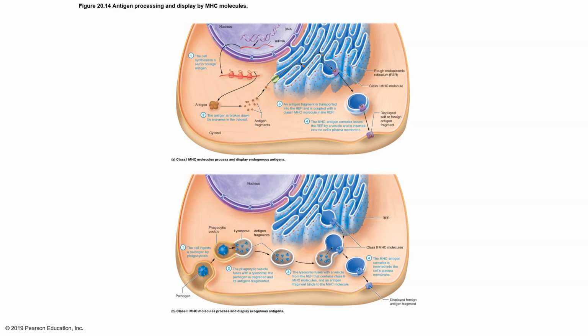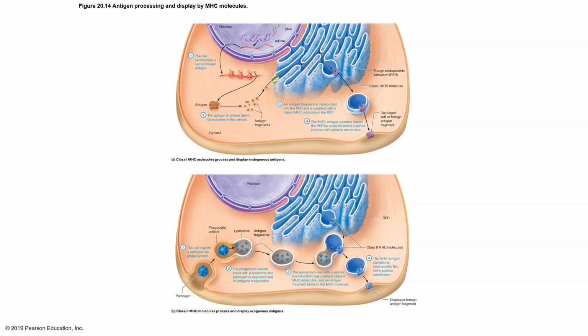And the second illustration shows the steps involved in processing a class 2 MHC molecule and then displaying an exogenous antigen on its surface. The reason you display these antigens is so that the white blood cells can recognize that whatever antigen it is, it is foreign and has to be eliminated.